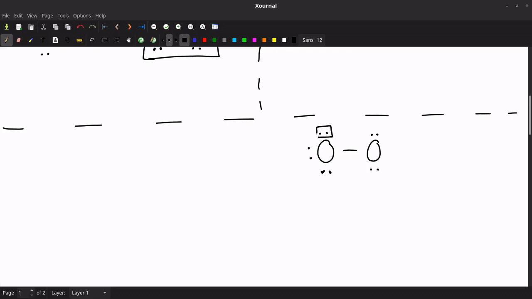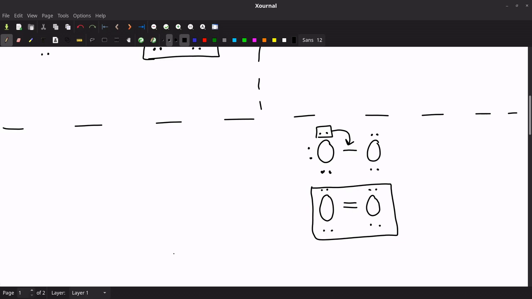So I'm going to imagine this pair here coming down. And then when I rewrite this, I come back to the exact same conclusion that we had before.